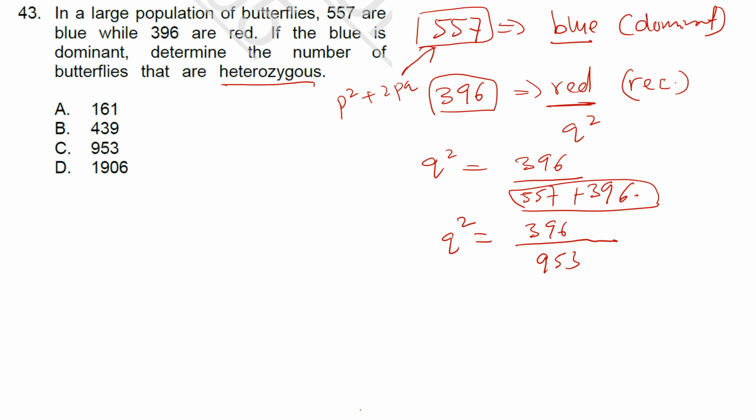So the frequency of homozygous recessive would be what? You just press your calculator. So the frequency of homozygous recessive would be 0.415, lah kita buat into 3 decimal point. And then to get the frequency of the recessive allele, you just square root the value 0.415.